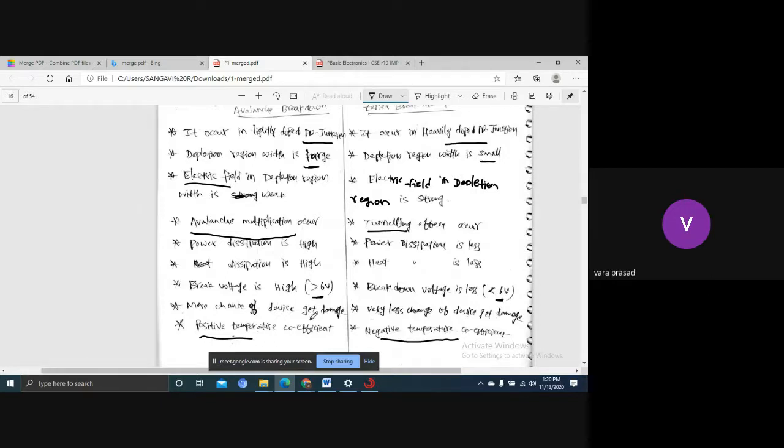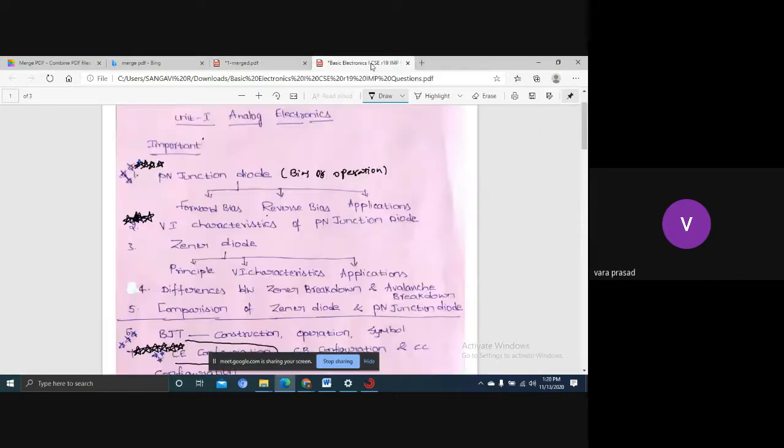Please keep this in mind. This is about the Zener diode and PN junction. This is the first part, and from this we expect 5 questions. What are they?